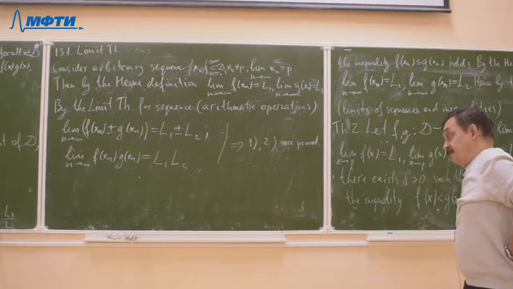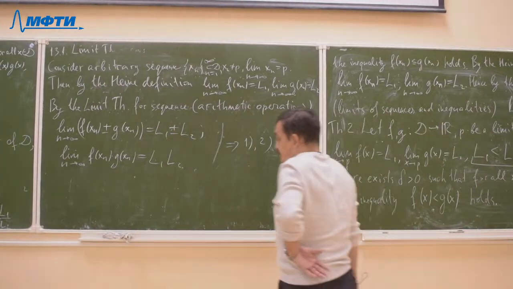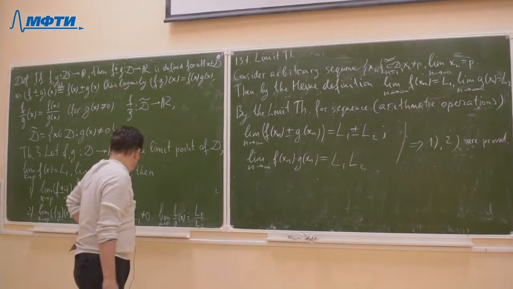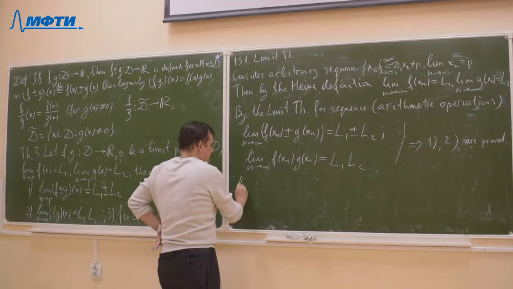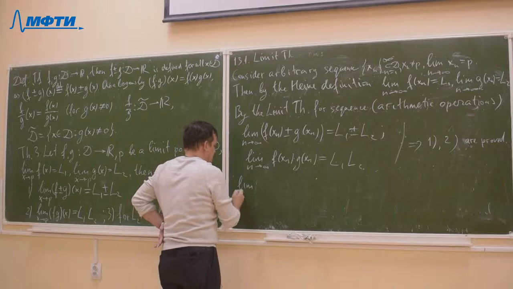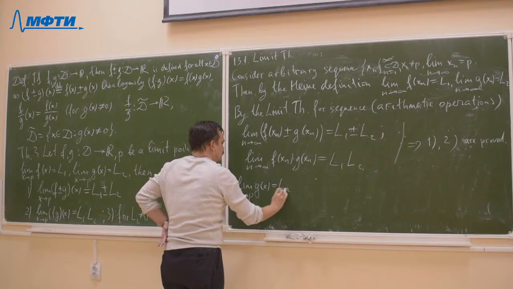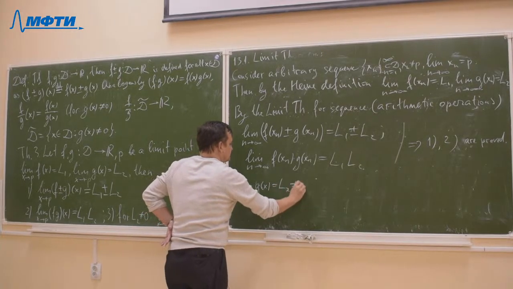Now for the third. For the third, we have the limit as x tends to P of g of x equals L2, L2 not equal to 0.